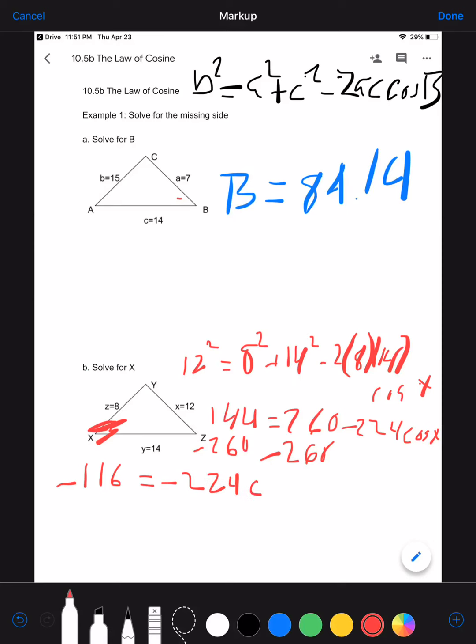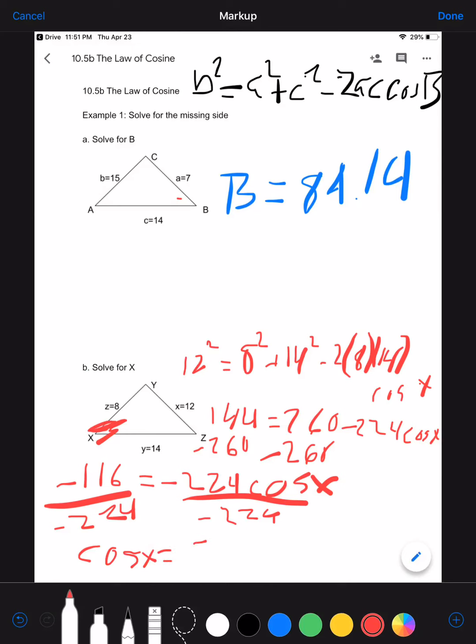224 cosine X. We're going to divide both sides by negative 224, remember. Then we're going to do cosine X is equal to those numbers. We got to do the inverse.